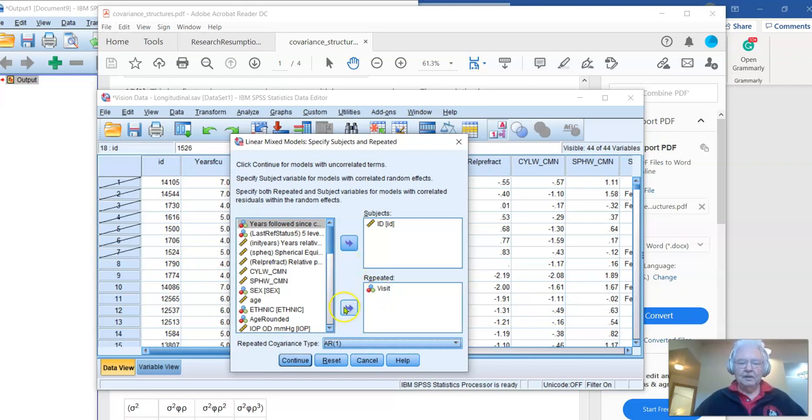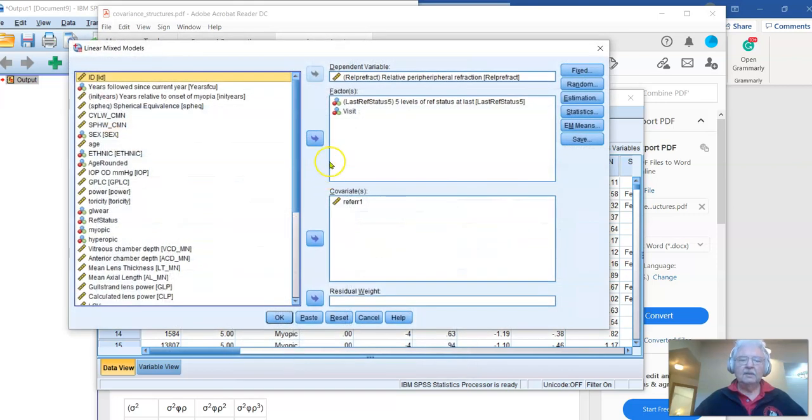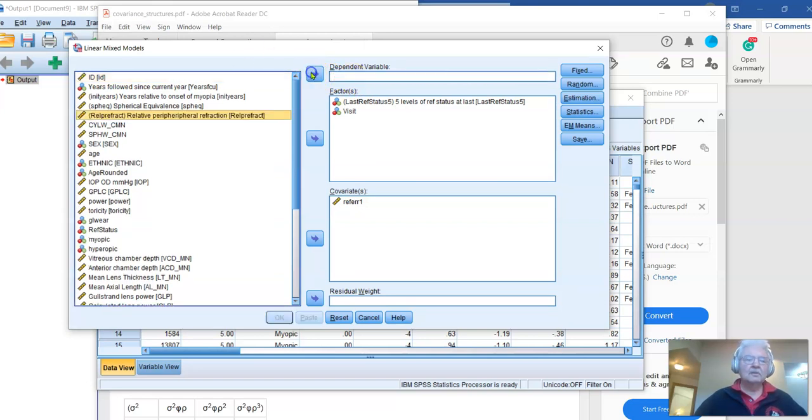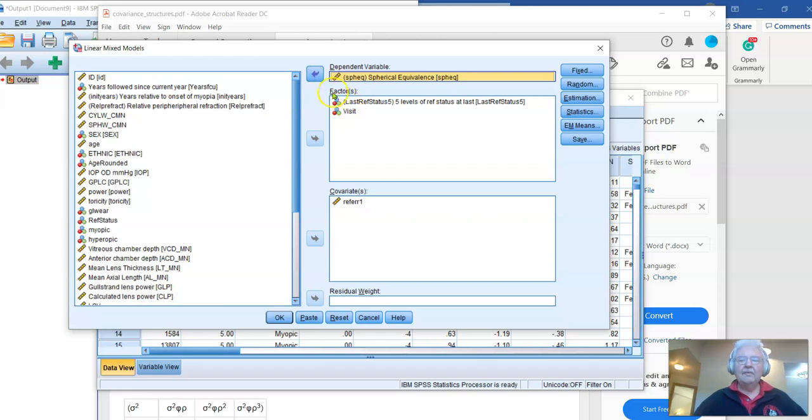Okay, repeated visit. All right, continue. And now let's look at spherical equivalents. We have the factors: last refractive status. Now, I selected emmetrope and myope, but you don't really have to do that. You can put them all in there and then just look at the two that we had selected.